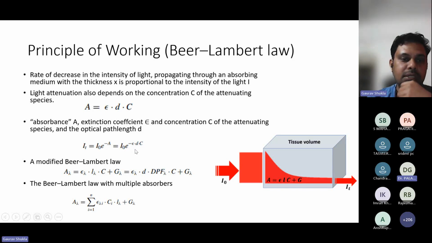There have been modifications and updates in Beer-Lambert's phenomenon, and a factor of scattering is also added. If there are multiple absorbers in the medium, then the absorption happens for each and every medium in a summation form.